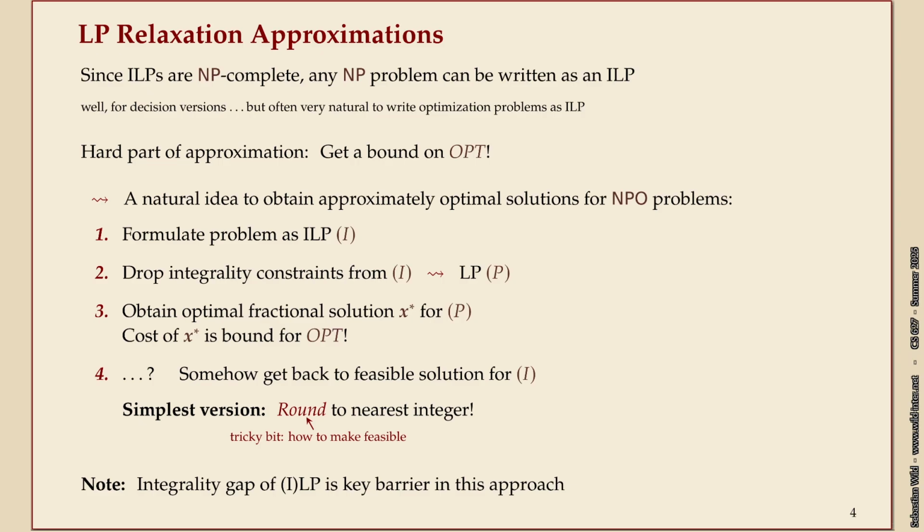But sometimes you can. Even if you can, what will come up again, what we discussed back then, is this notion of an integrality gap, which is the ratio between the optimal objective value of the LP and the ILP.